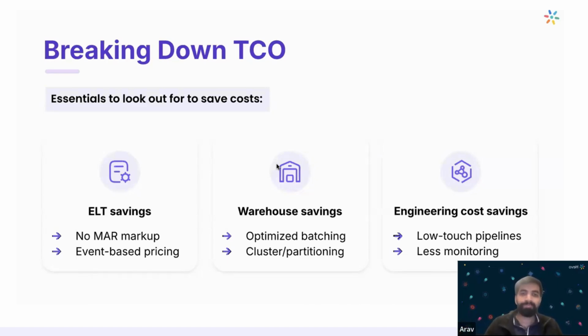The second is how do you actually optimize your warehouse. One optimization is actually done by the vendor itself, that is us, where we understand how these warehouses that we are interacting with best load.